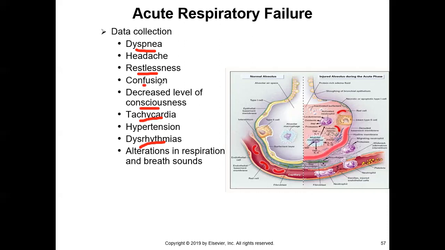Confusion occurs. If you put the stethoscope over the lungs, we find added or altered breath sounds. Normally we are supposed to get bronchial, vesicular, or broncho-vesicular breath sounds, but something altered, an added sound, will be heard.